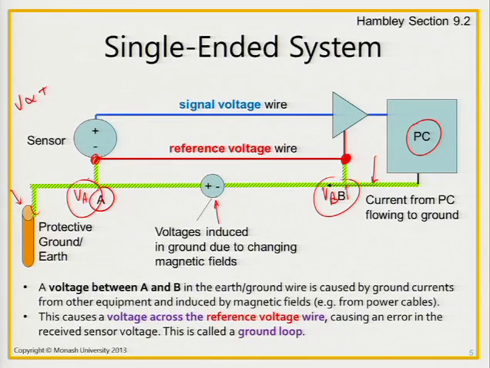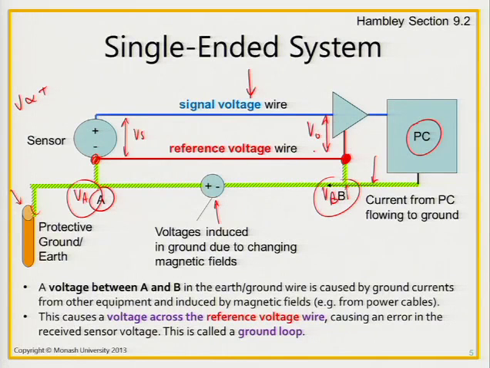So what does this mean? Because these two voltage levels, VA and VB, are different, the signal voltage that we measure is going to be different at this end to this end. So this is VS, and this might be the VOut.